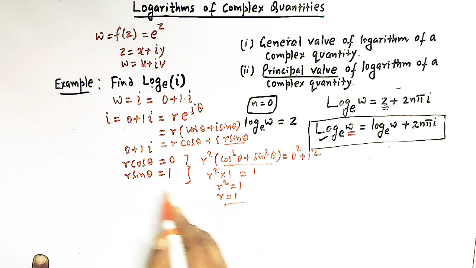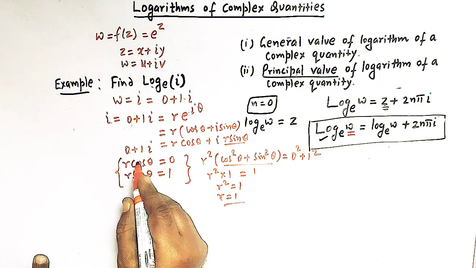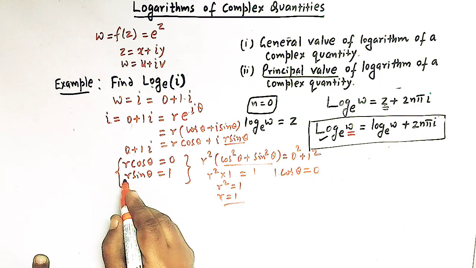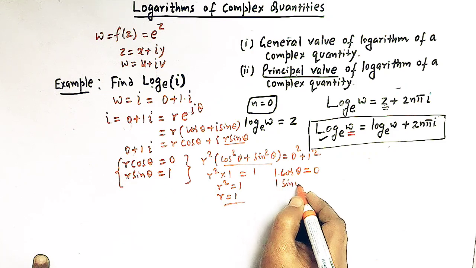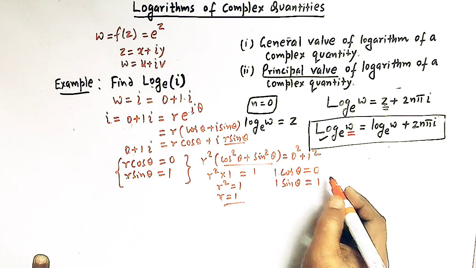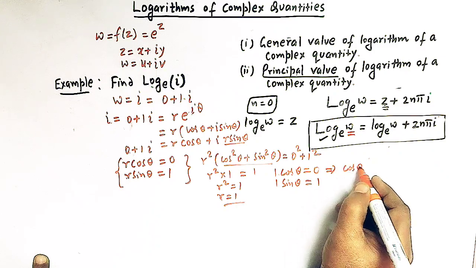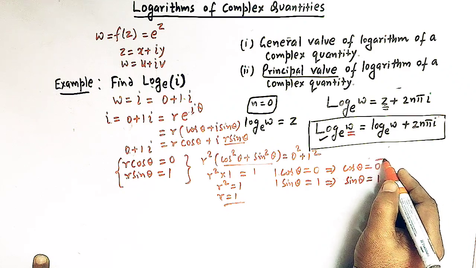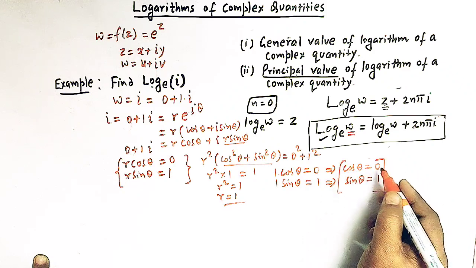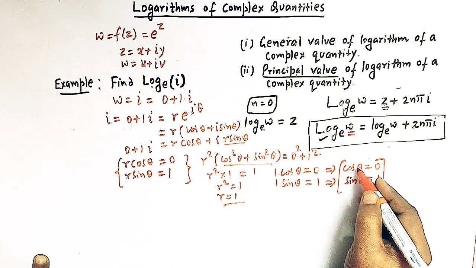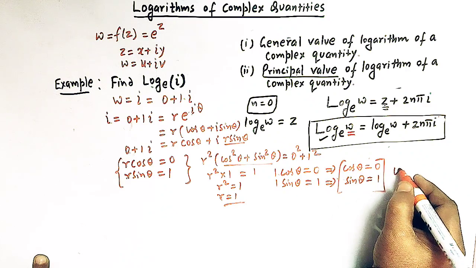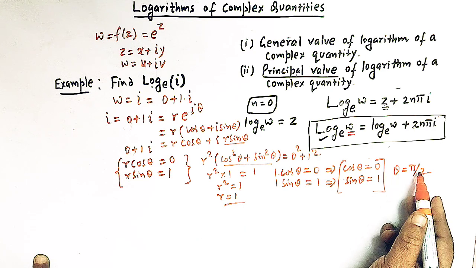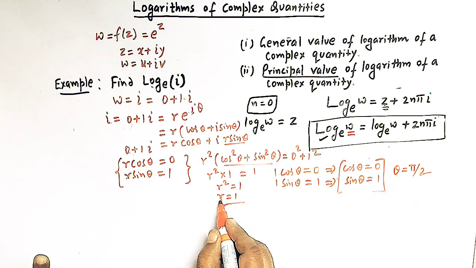So let us substitute r equal to 1 in these two equations. We have 1 cos θ is equal to 0, and here we have 1 sin θ is equal to 1. So from here we have cos θ is equal to 0, and from here we have sin θ is equal to 1. Now the common value of θ which satisfies both these equations is θ equal to π by 2. So here θ is equal to π by 2 and r is equal to 1.